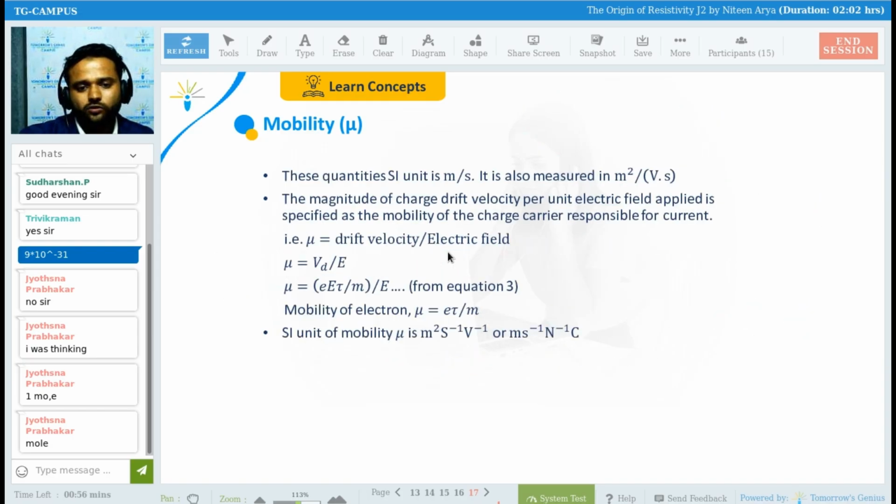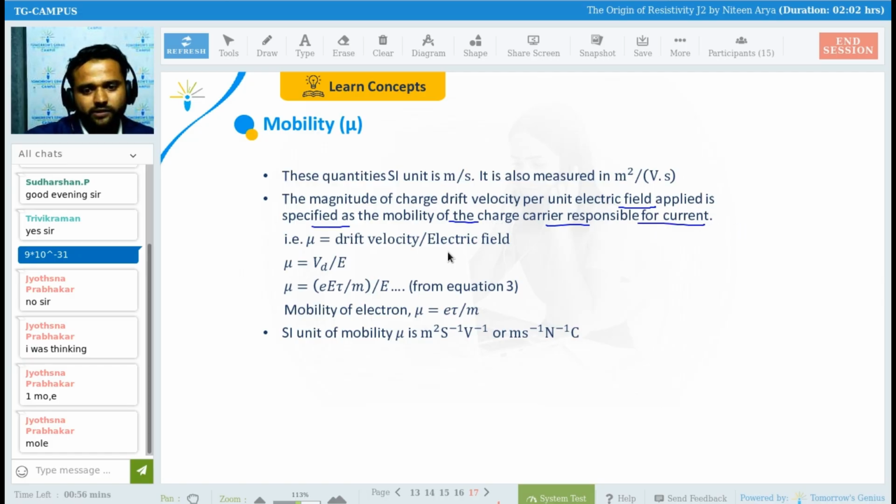Moving ahead, the SI unit is meter per second. It is also measured in meter square per volt second. The magnitude of charge drift velocity per unit electric field applied is specified as the mobility of the charge carrier responsible for current.